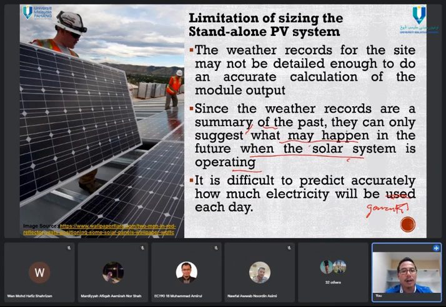Fortunately, there are weather records in, I think, the popular places or the capital cities of the states. We have the Meteorological Department, which can provide us the solar reading data also, if I'm not mistaken, though we need to pay.